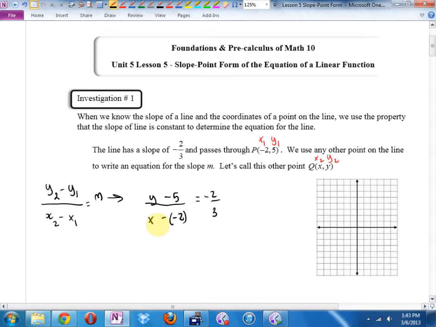I'm going to rewrite this, but I'm not going to completely cross multiply. I'm going to leave the y minus 5 equals negative 2/3 x minus negative 2.